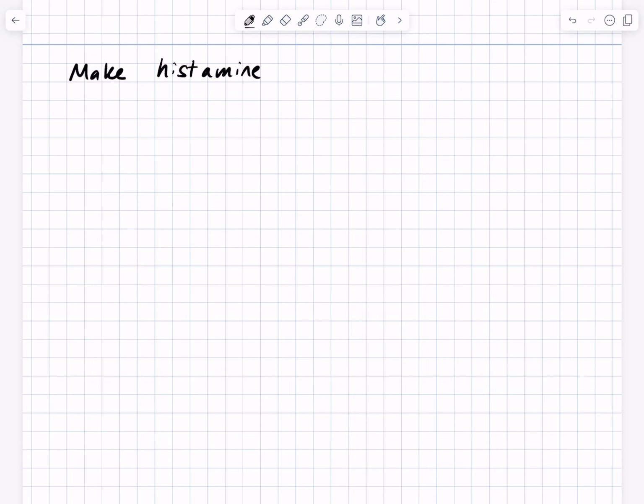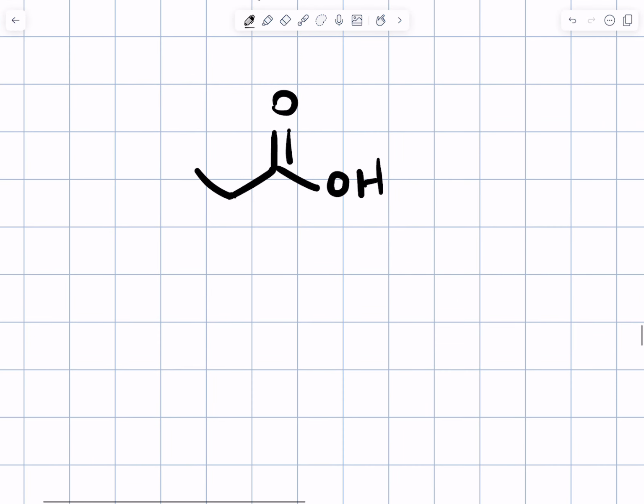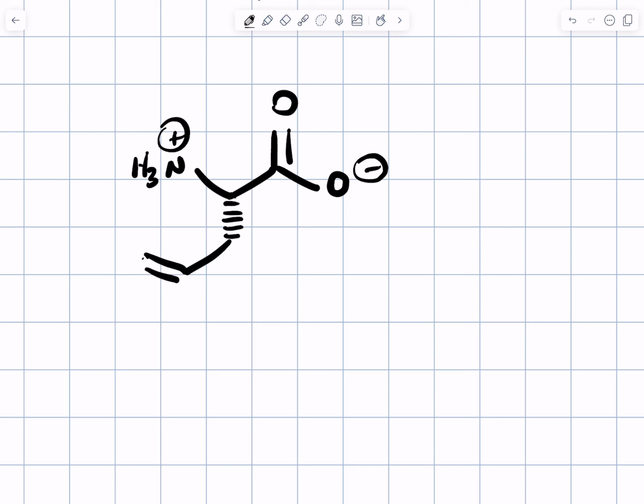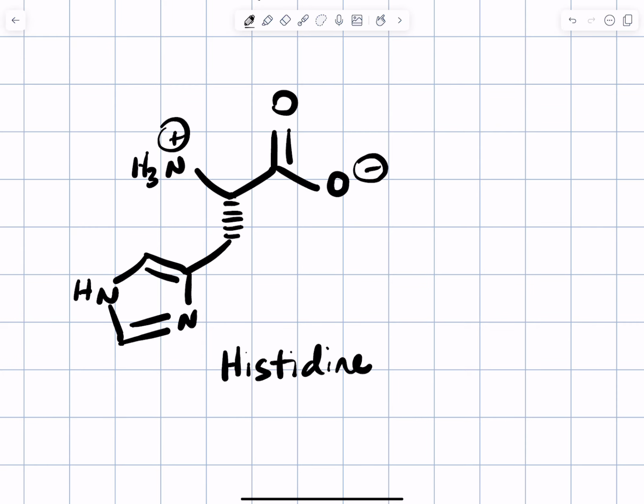So histamines are involved in what? Allergies, right? Allergic response. One of the ways that your body makes histamine is from a precursor amino acid. So here is the amino acid. I'm going to draw it in its form that it would exist at pH 7. Here is the side chain, and the side chain has a 5-membered ring containing 2 nitrogens, and this is the amino acid histidine.